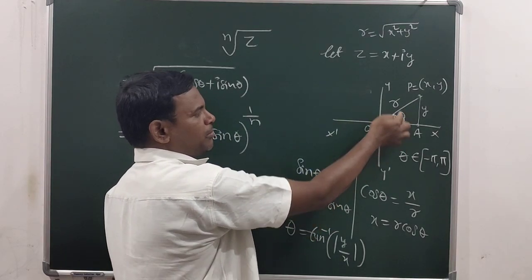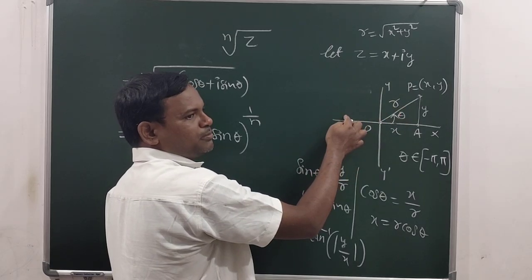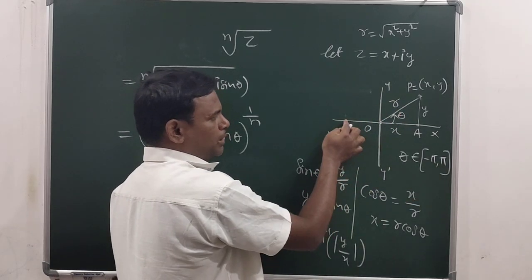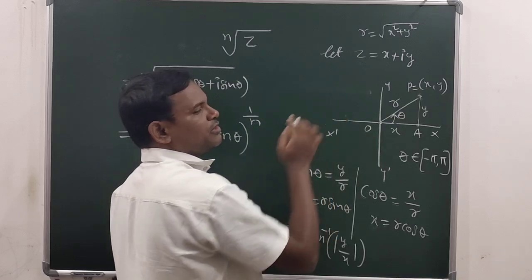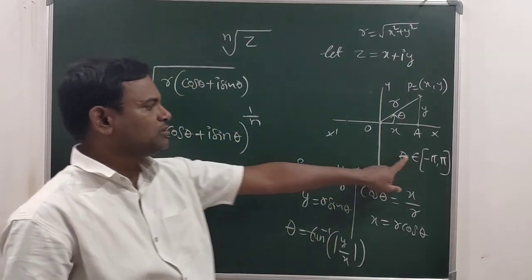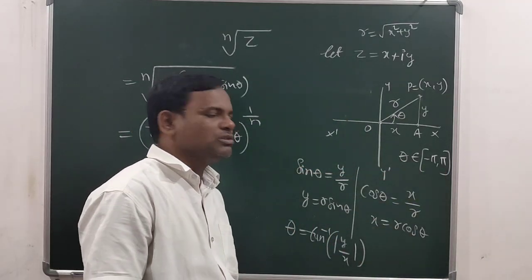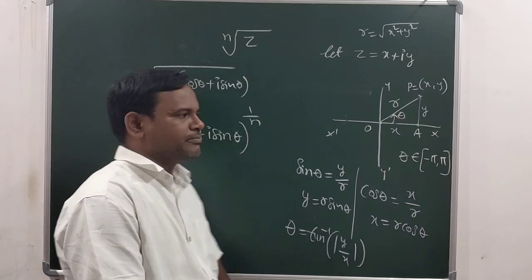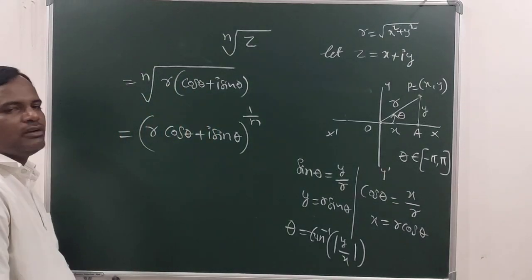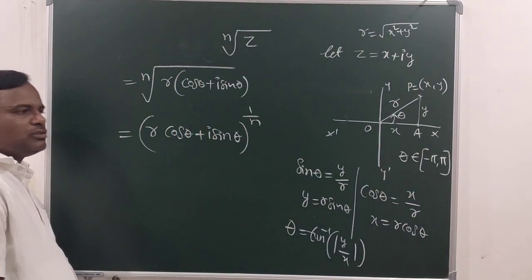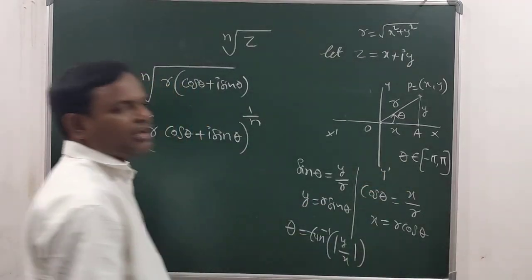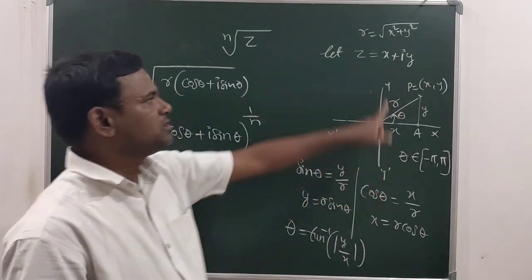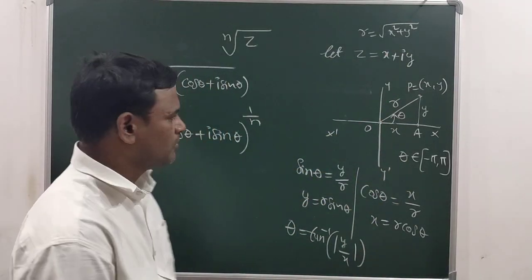Minus pi. From here to here, anticlockwise, pi. So minus pi to pi means from here to here. You get theta belonging to the closed interval of minus pi to pi. So you can also call it the principal argument of this complex number.